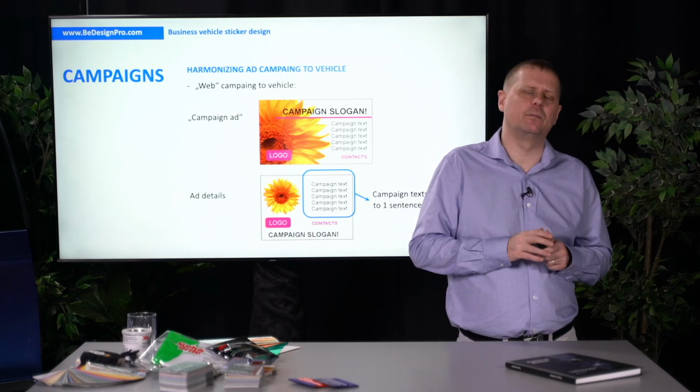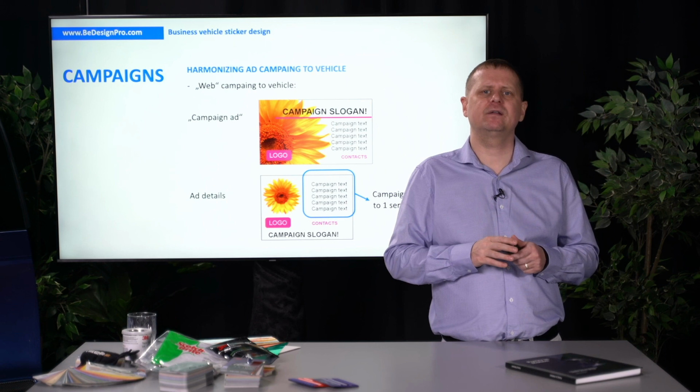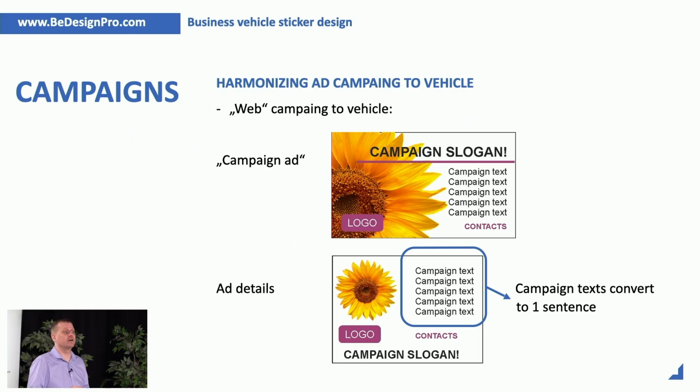So let's make an example. You have a web campaign with design details like a yellow flower, purple logo and context, campaign text, and the campaign's call to action slogan. So you take those details and you put them on your vehicle. The only thing you will have to change is that you will not use all the text from the web campaign.